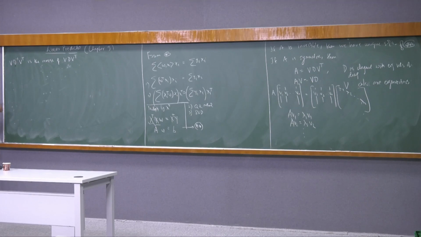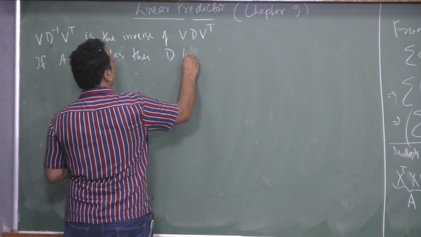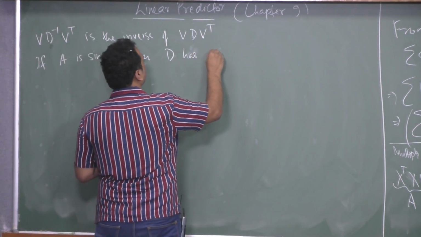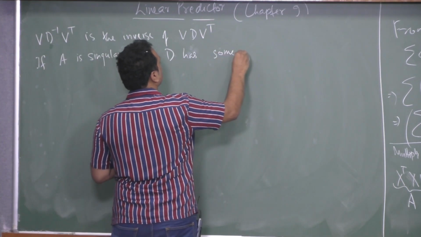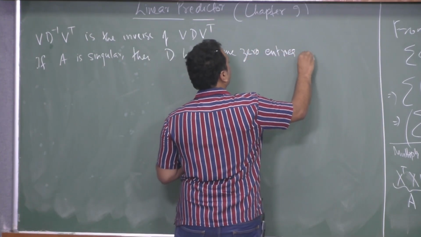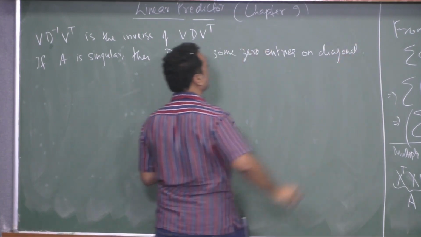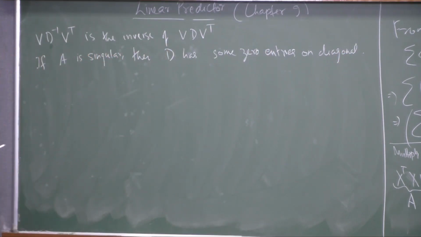If A is singular, then D has some zero entries on the diagonal, so certainly we can't take this as the inverse.